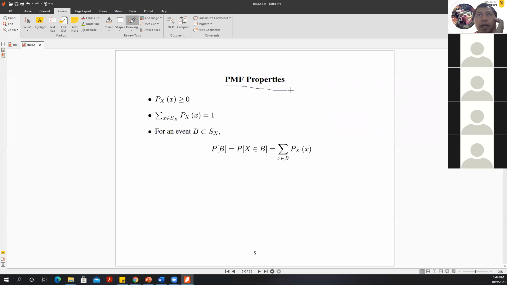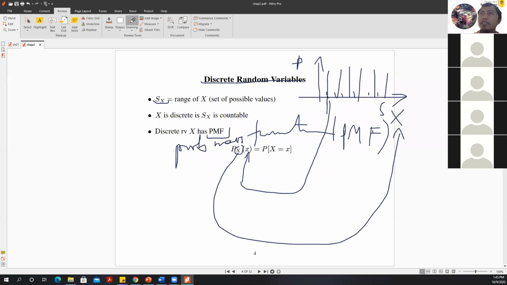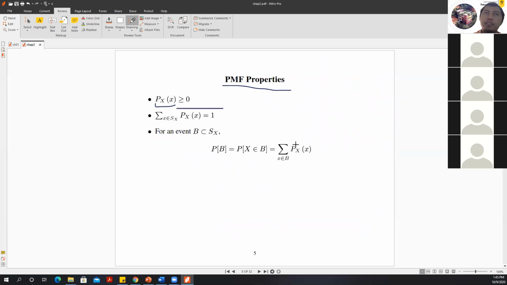Again, the PMF properties. Each value has a probability of X greater than or equal to 0. Every value here has a probability of at least 0; there is no negative probability, so this axiom holds.